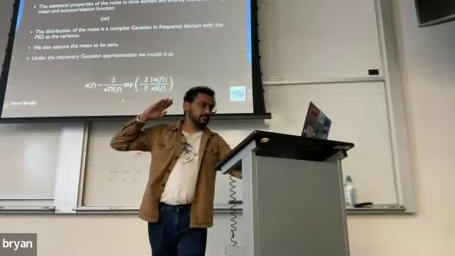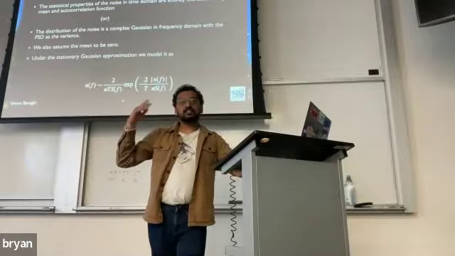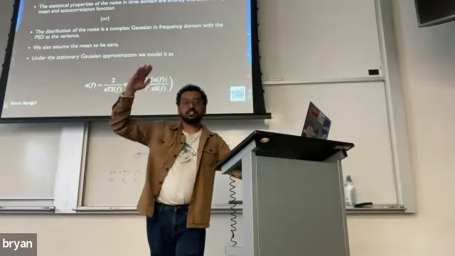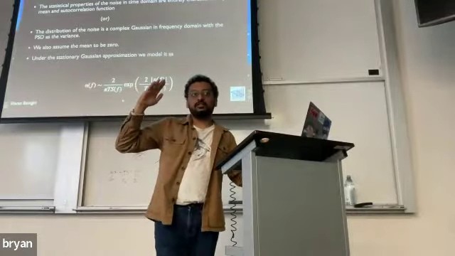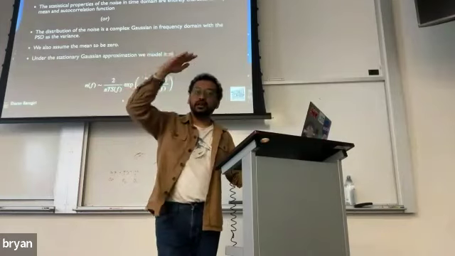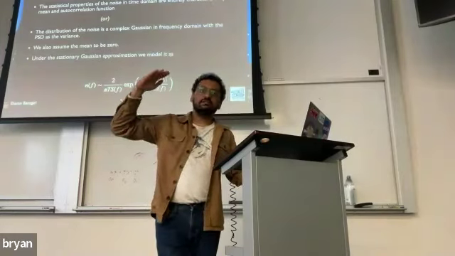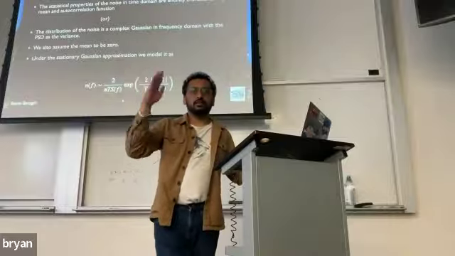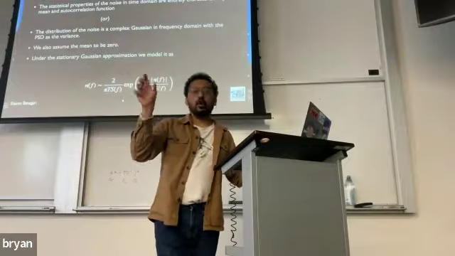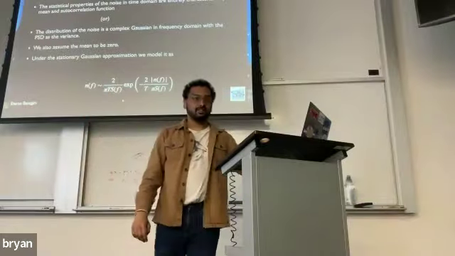In the frequency domain, because the noise is stationary, the covariance matrix factorizes in such a way that it is diagonal. So you can deal with each frequency bin independently, which you can't do in the time domain. You can't treat each point in time independently.